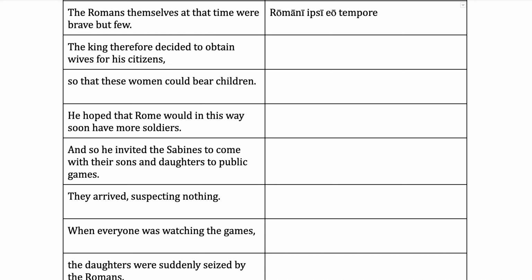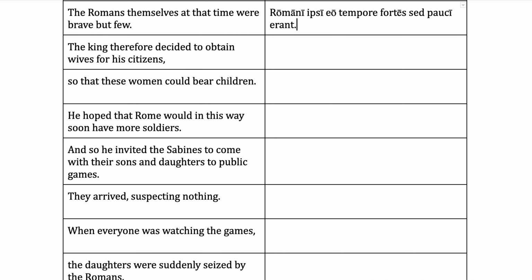And then were brave but few. So we'll put the verb at the end. So we'll say brave, which is fortis, or in the plural fortes, but few is sed pauci, and then the verb is erant, they were.